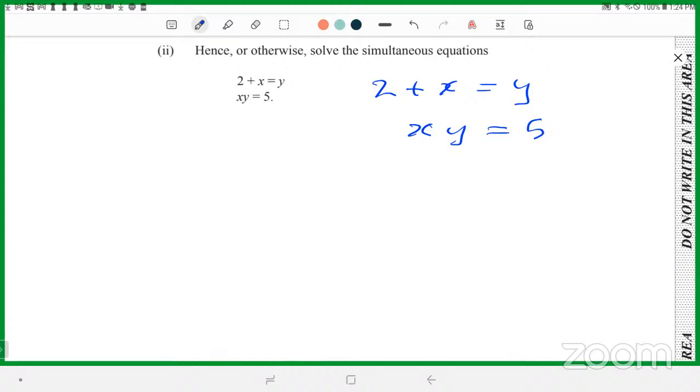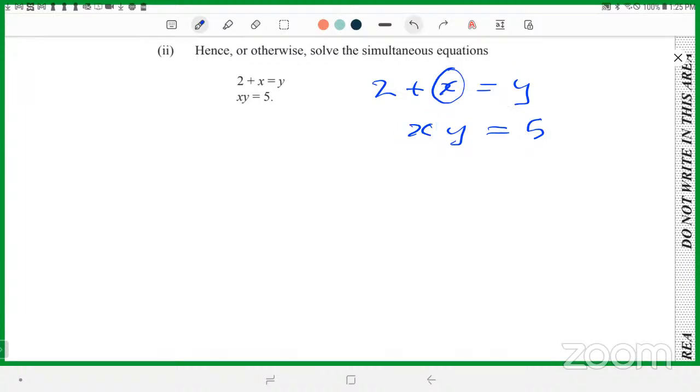And I'm saying at the points of intersection, because remember, we're solving equations simultaneously. You're finding the point where they meet on a graph, where the x and y values are the same on the line and on the curve. So we're trying to find the point where the y value on the line and the y value on the curve are the same. Also, the x value on the line and the x value on the curve are the same. That's what you're trying to find.